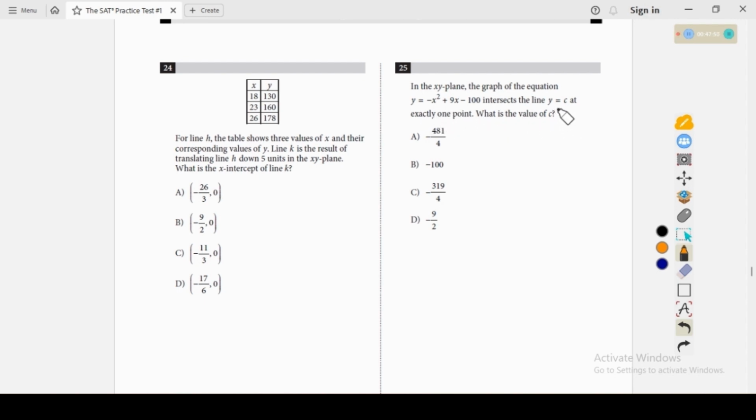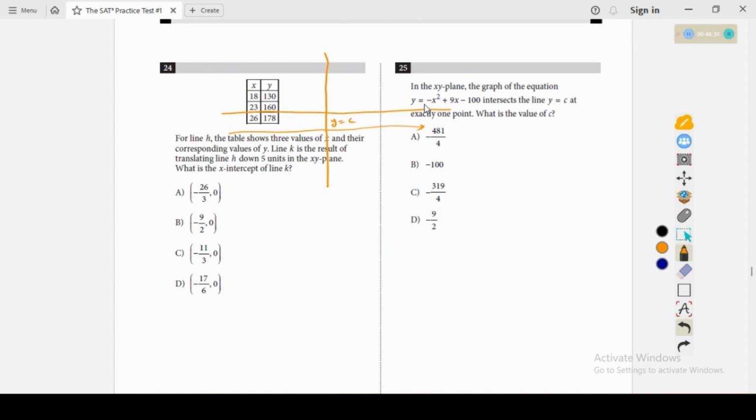Since y equals c is a line parallel to the x-axis, let's say this is the y-axis and this is the x-axis, and there may be a line y equals c that is parallel to the x-axis.